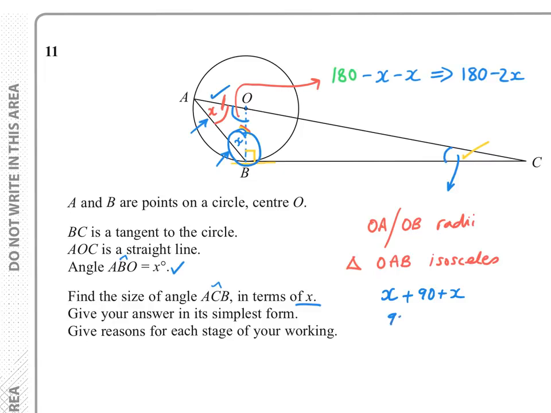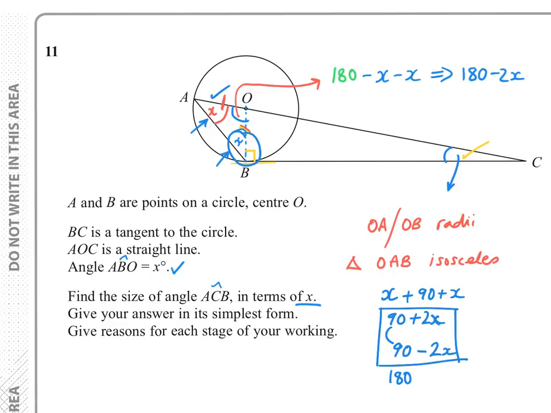Well, if we already have 90 plus 2x in terms of angles already, then all we need is 90 more and then minus 2x, don't we? Because if we added those together, what would we be left with? Well, 90 and 90 is 180, which is what we want. Angles in a triangle are 180.